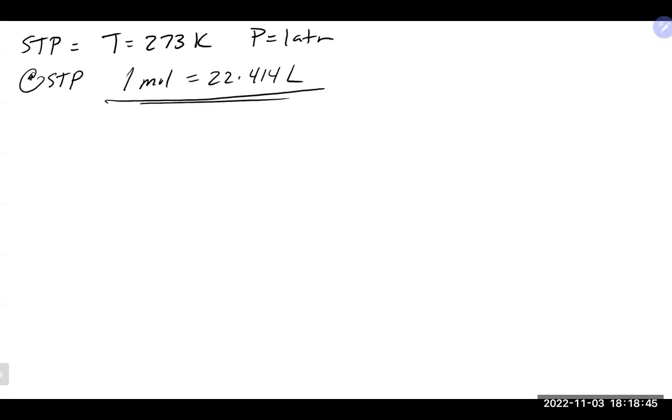So once again, that is a conversion that you can use under STP conditions, and obviously it needs to be STP conditions to use that. Otherwise, you should use the ideal gas law probably in that case. And once again, you can use the ideal gas law regardless in that case.